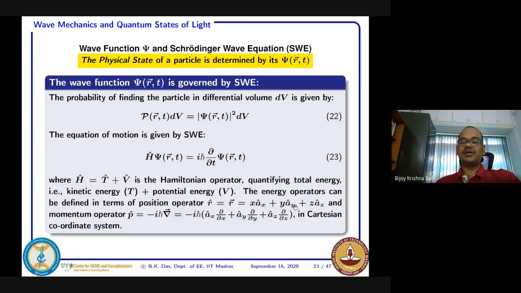In the Cartesian coordinate system we can represent it like this: ax, ay, az are unit vectors. And the momentum operator is minus i h bar nabla.